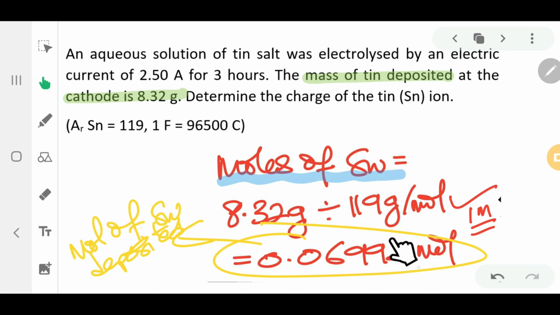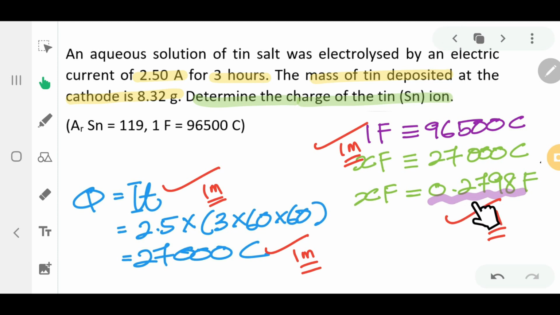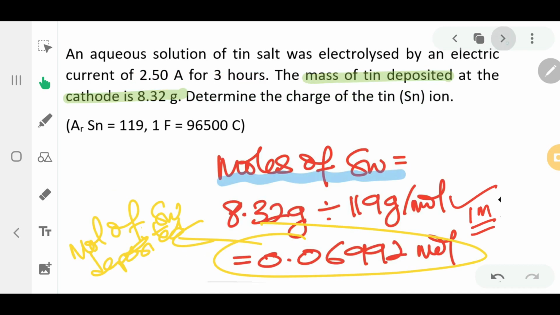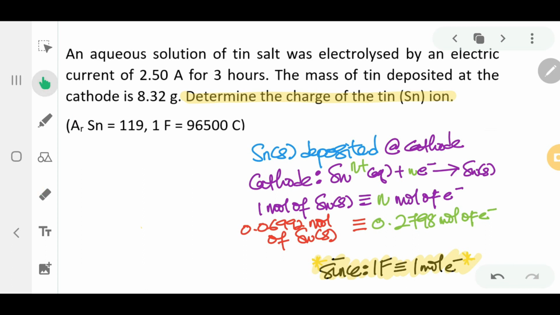So we get this number of mole of tin, and we're going to compare with the number of moles of electrons flowing in the electrolytic cell. And from where did we get this number? We got it from here just now. Do you remember that 1 Faraday equals to 1 mole of electrons? So since 1 Faraday equals to 1 mole of electrons, we can write that the number of moles of electrons is 0.2798.